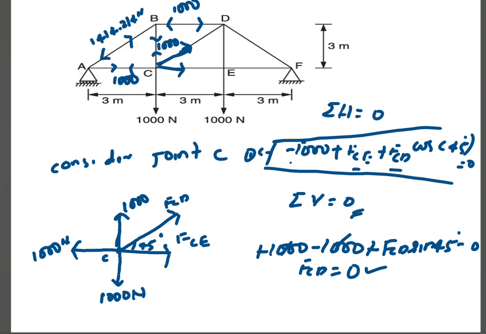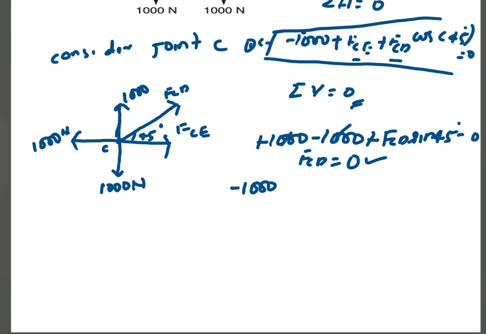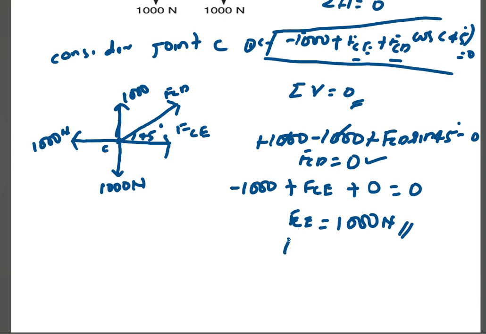Now substitute this value in equation 1. Then you will get minus 1000, plus FCE, plus 0 is equal to 0. So FCE is equal to 1000 Newton, and FCD is equal to 0, right?